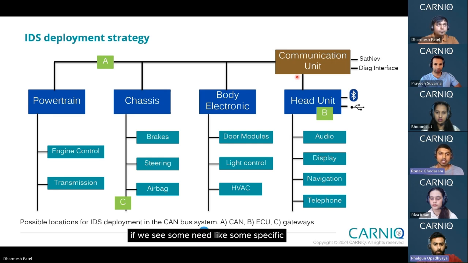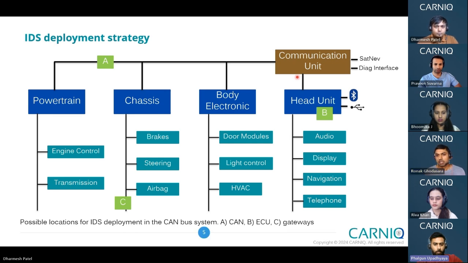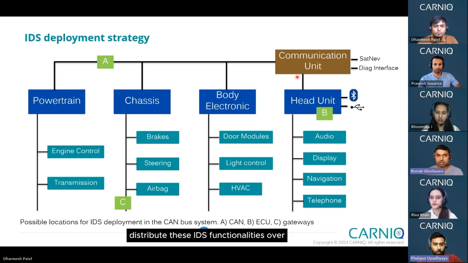If we need to detect anomalies in some specific functionality or node, then we can implement function-based IDS to monitor specific things. So we can distribute these IDS functionalities over the vehicle and protect different functionalities. Yeah, that's my understanding.